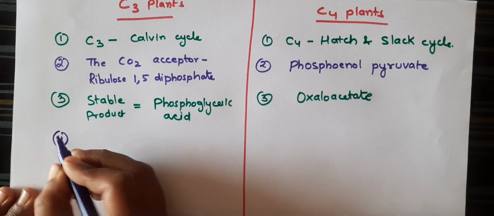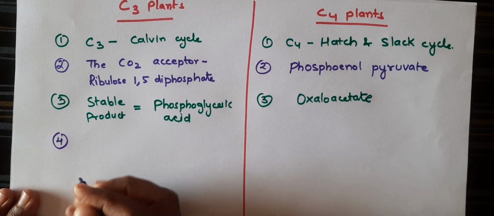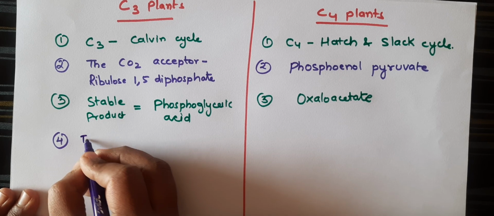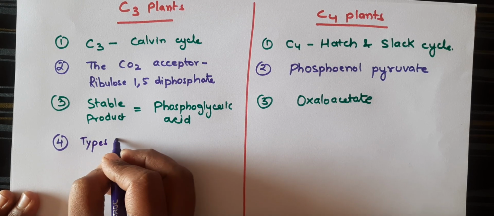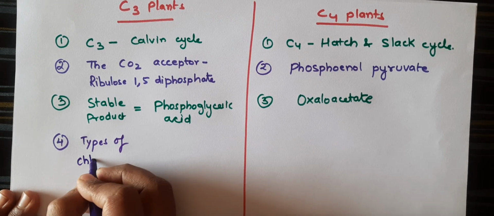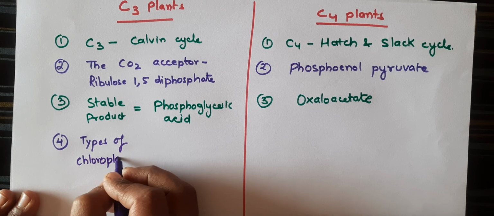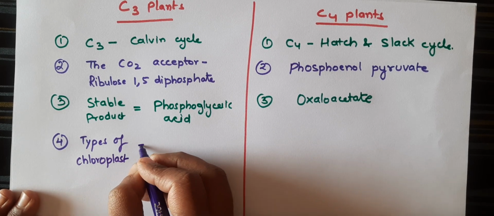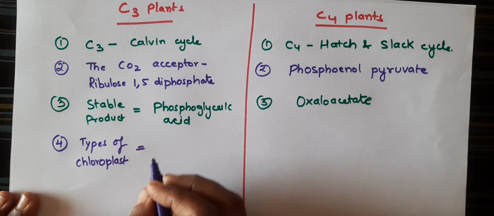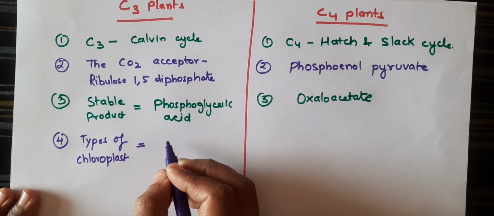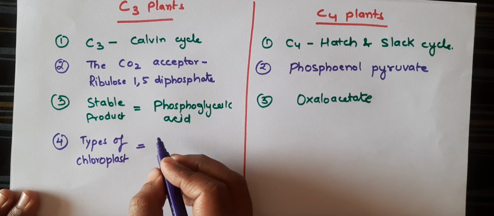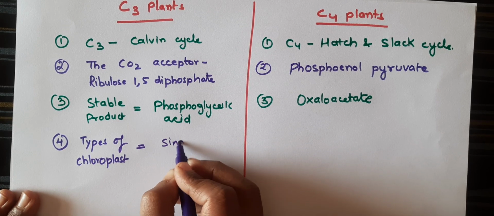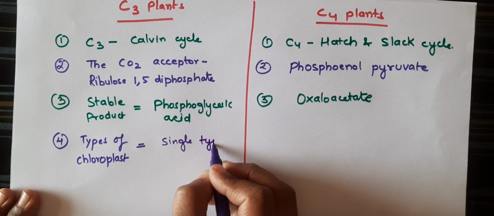The fourth difference between C3 and C4 plants is the types of chloroplast. In C3 plant all the cells that participate in photosynthesis have a single type of chloroplast.